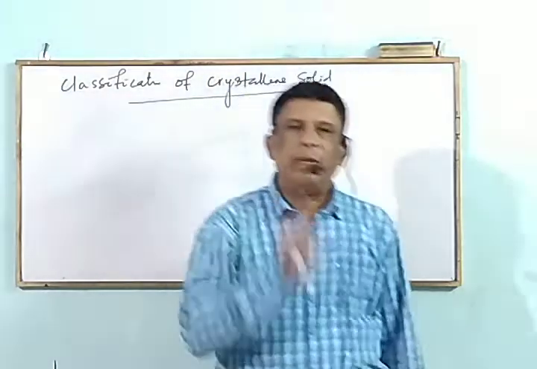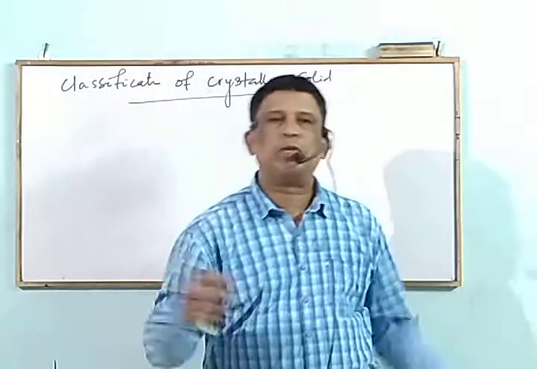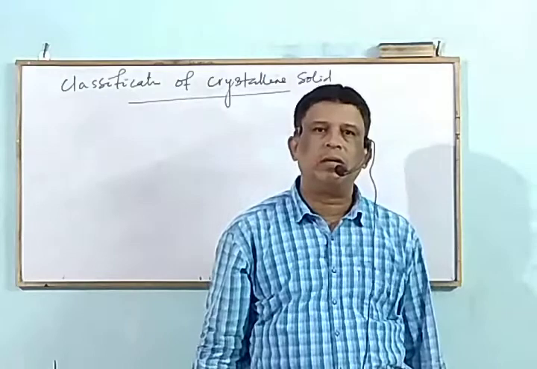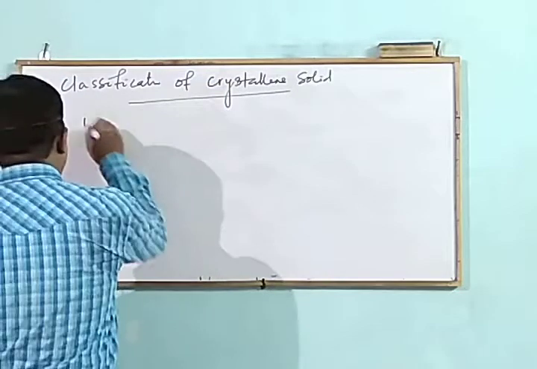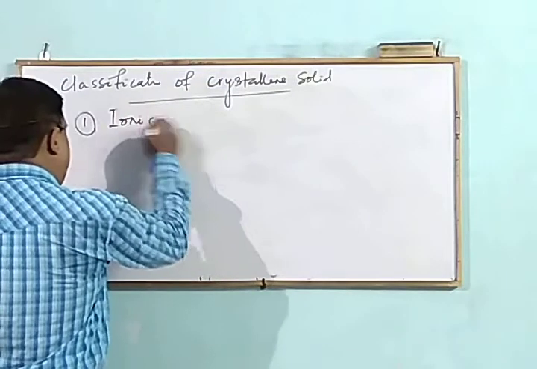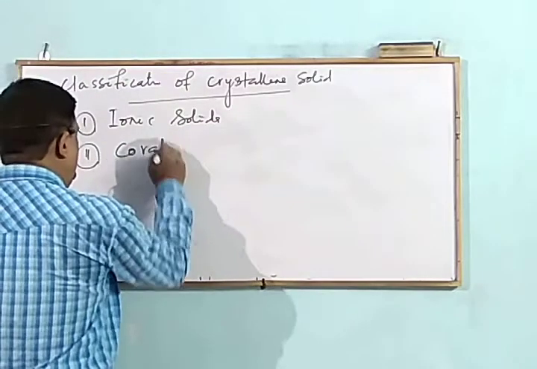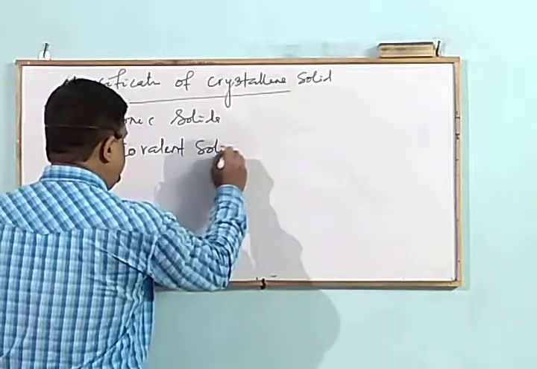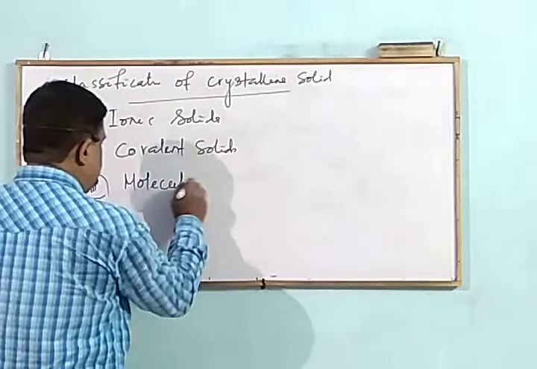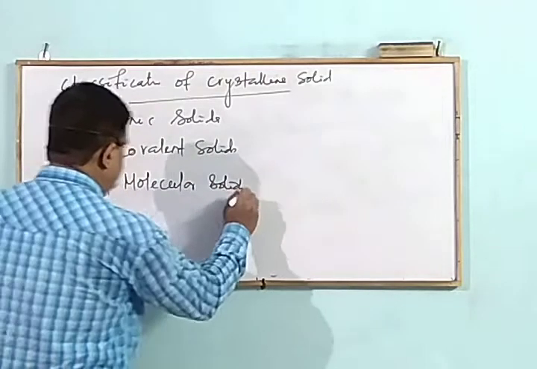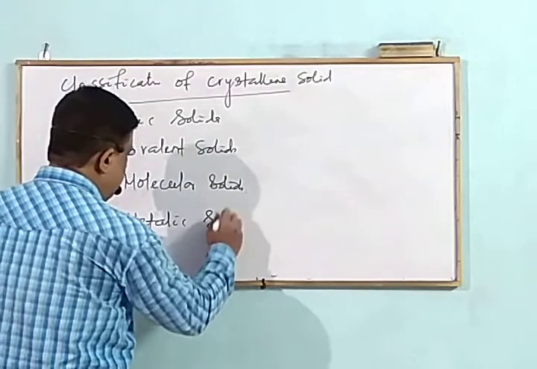I repeat again, depending upon the nature of the constituent particles and the types of force binding the constituent particles together, crystalline solids are classified as point 1, ionic solid, point 2, covalent solid, point 3, molecular solid, point 4, metallic solid.